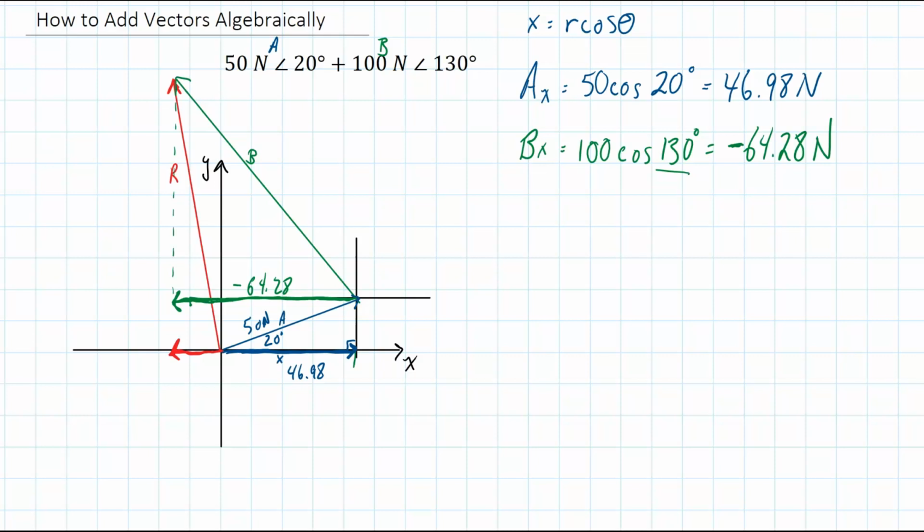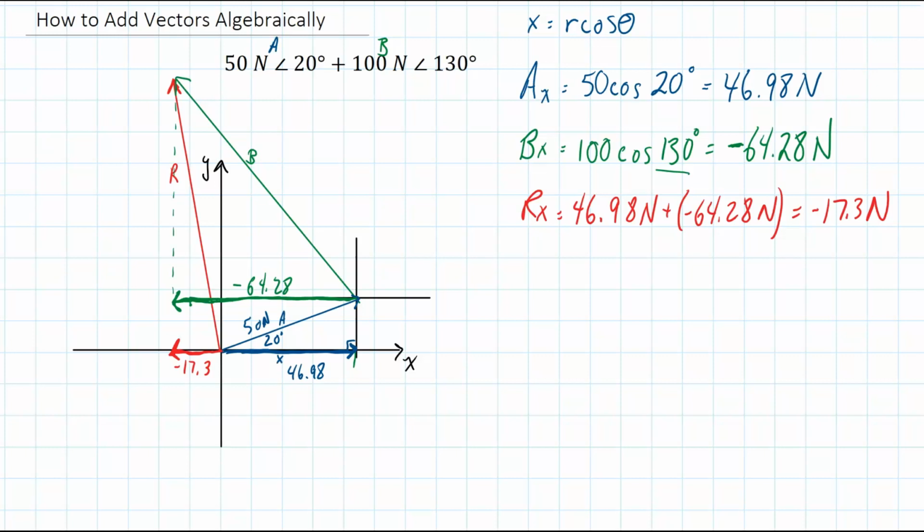So adding those together, R sub x is equal to 46.98 newtons plus negative 64.28 newtons, which is equal to minus 17.3 newtons. So there's minus 17.3 right there. Now I've made a mess of that drawing, but that is the horizontal component of each of these vectors.